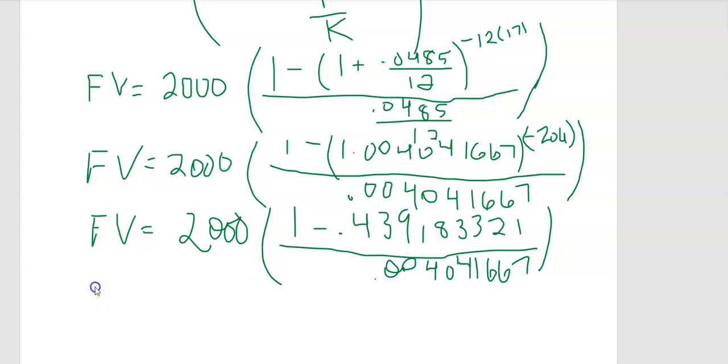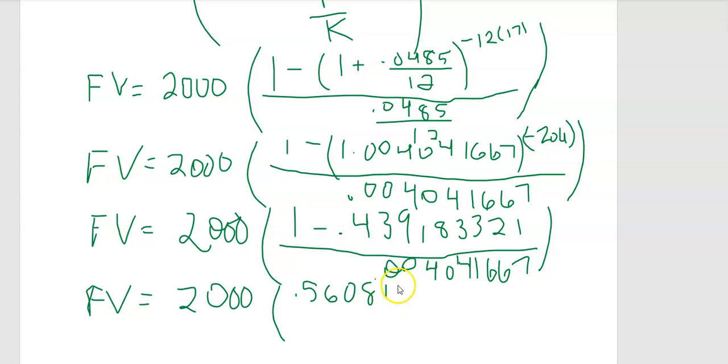All right, and now let's just continue. Let's do that subtraction on top. So I will do the 1 minus the 0.439183321, and that's 0.5608166679.